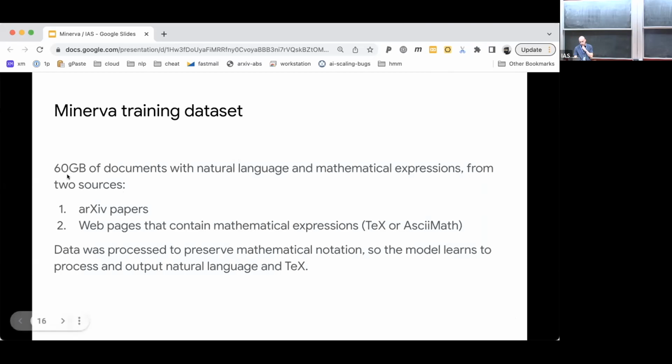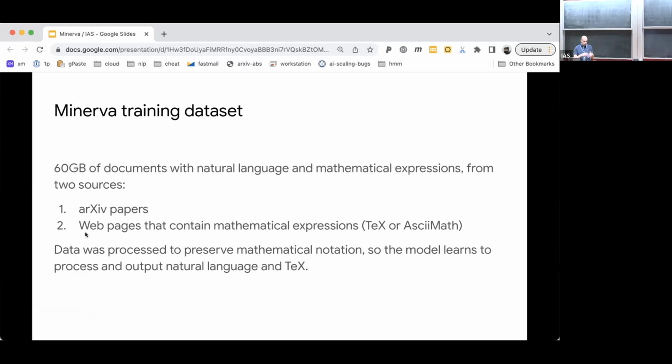So the data set has 60 gigabytes of documents that have some mix of natural language and math in them. They come from 2 sources that are roughly equal in size. So one is arXiv, so it's all of the arXiv in LaTeX form. And then the other half is all the web pages we could find that contain some math in them.